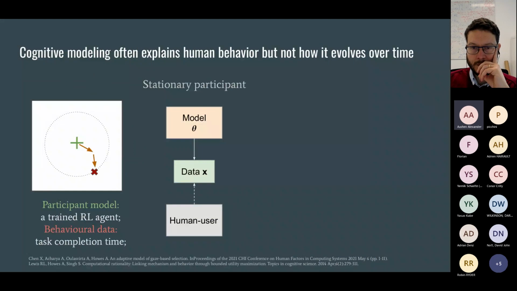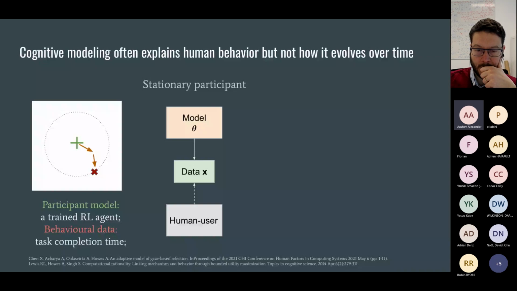The motivation for considering this setting comes from cognitive modeling. In cognitive modeling, we often have some model of human behavior, but we are not sure how it evolves in time. For instance, on the left, we see this figure of the screen, and it represents a gaze-based selection task.